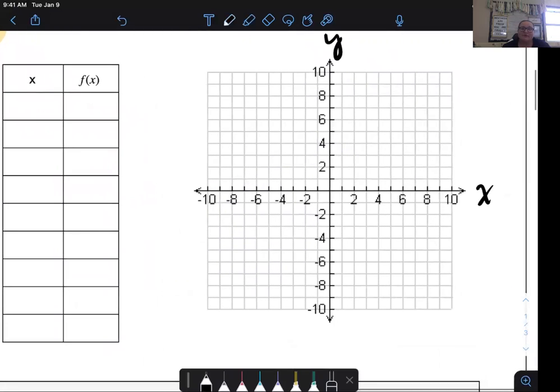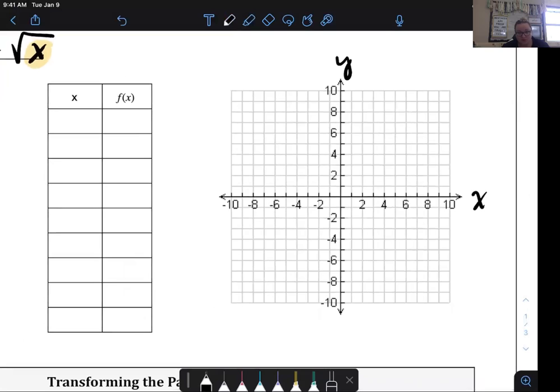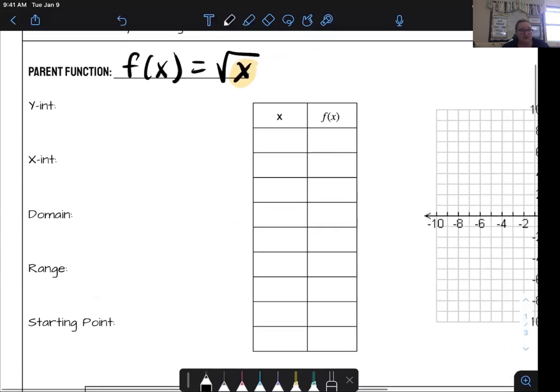And I can't graph imaginary numbers on the real coordinate plane. I can only graph them on the imaginary coordinate plane. And so since we're using the real coordinate plane, we only want to focus on our real solutions. So we only want to use x values that will be positive.